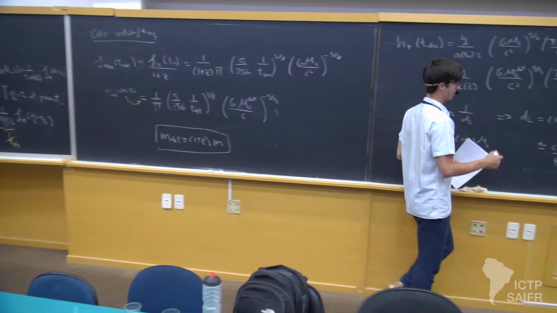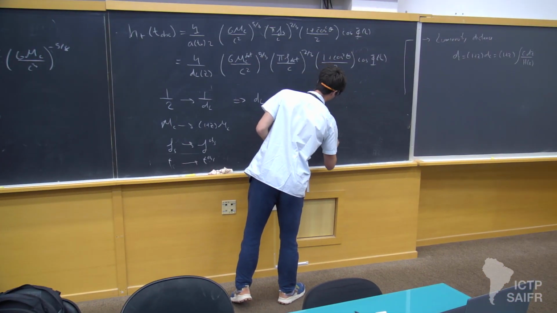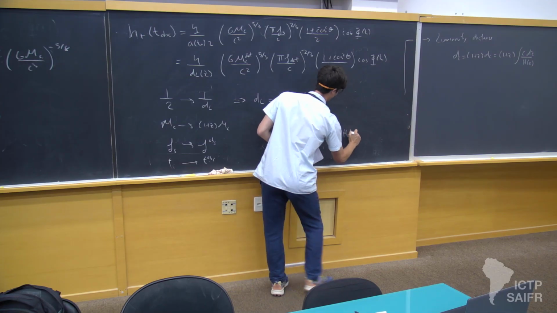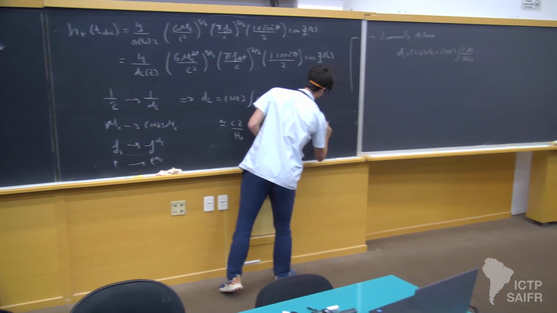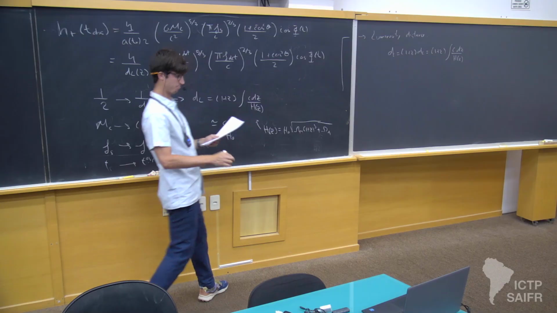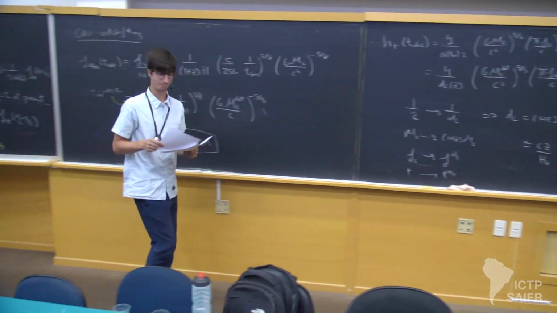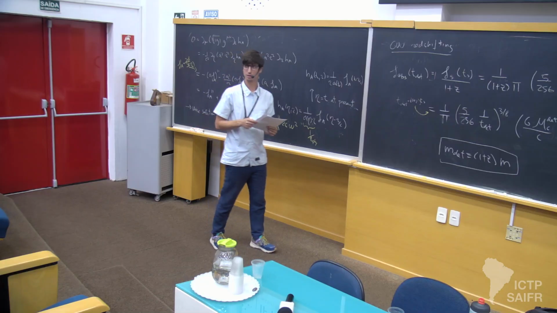But in general, you have H of z, which is H naught, and then you have your cosmological parameters here. Is this clear?